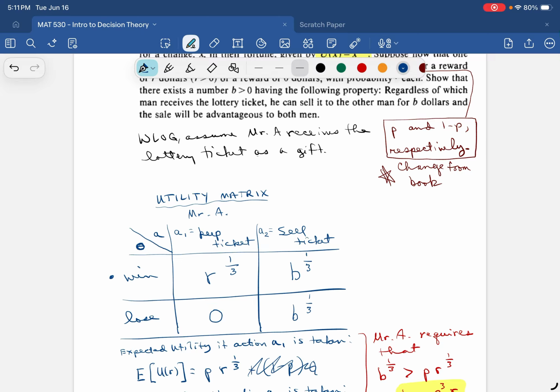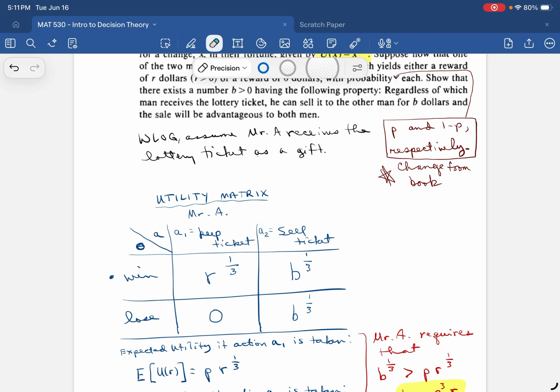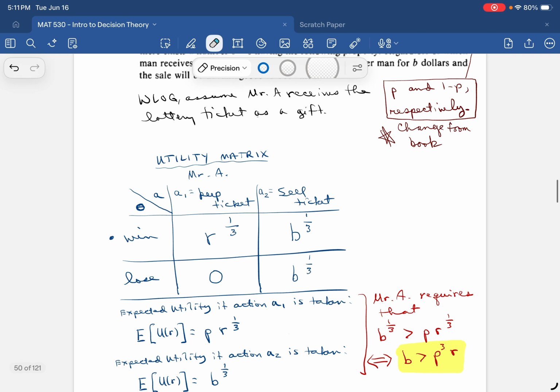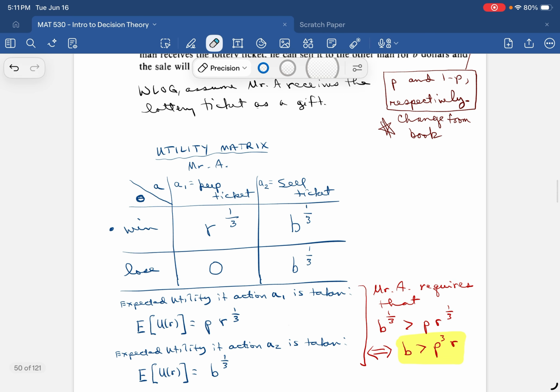So the expected utility for action A1 is P times R to the 1/3. Now let's look at the expected utility for action A2. Well, in this case, it's quite obvious because if he sells the ticket, then in either case, the utility is B to the 1/3.